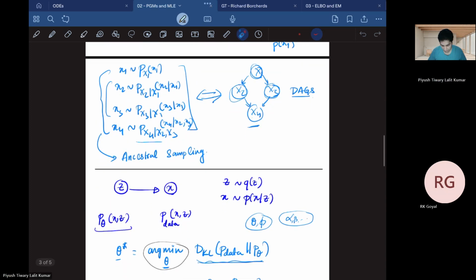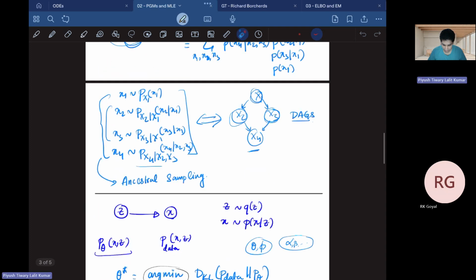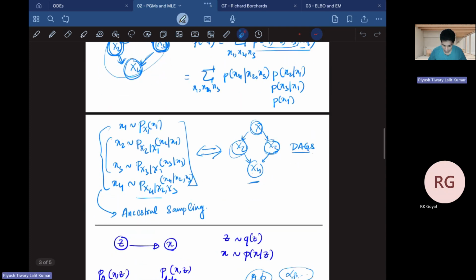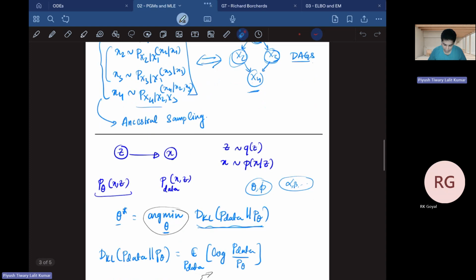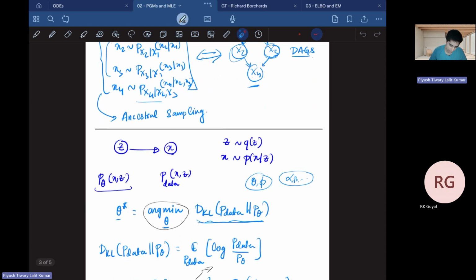This is where we took a step back and started studying things with respect to a very simple looking PGM.